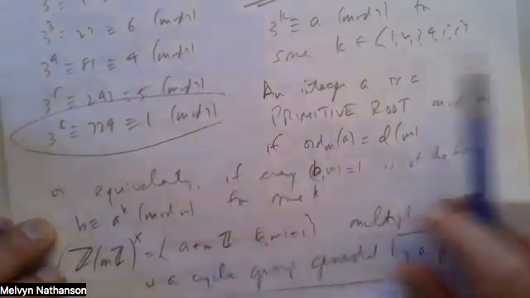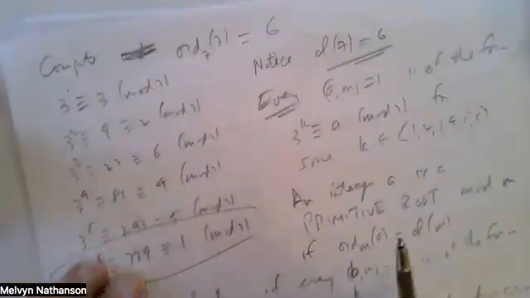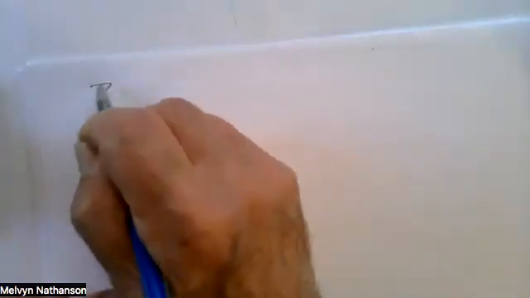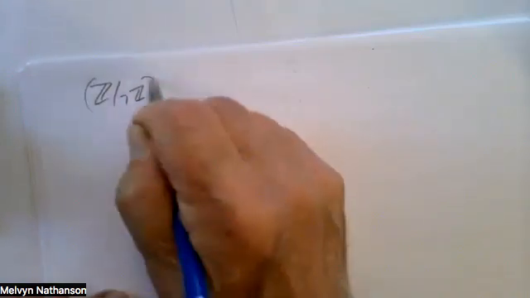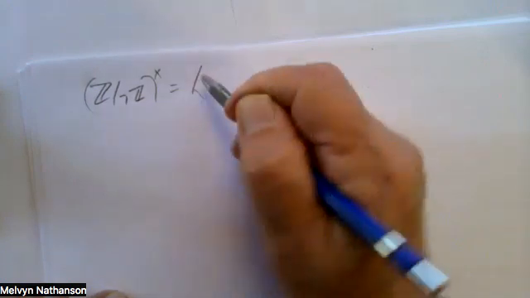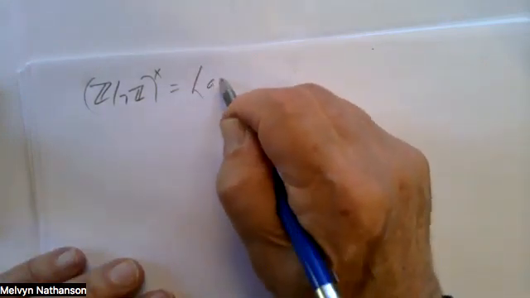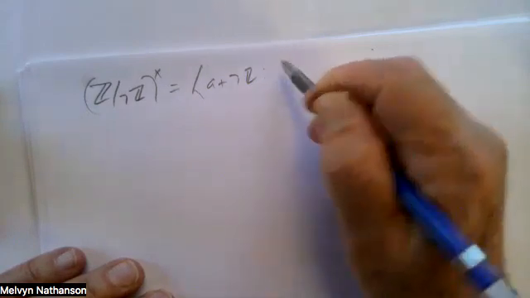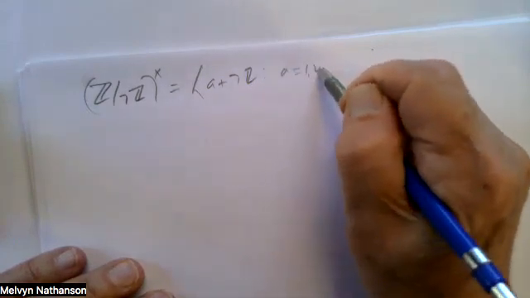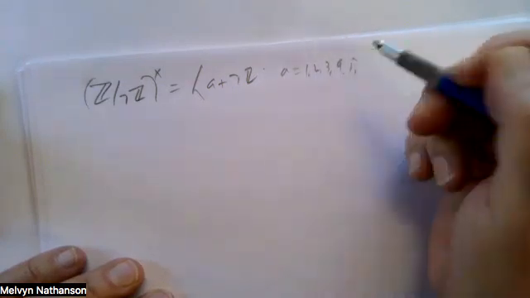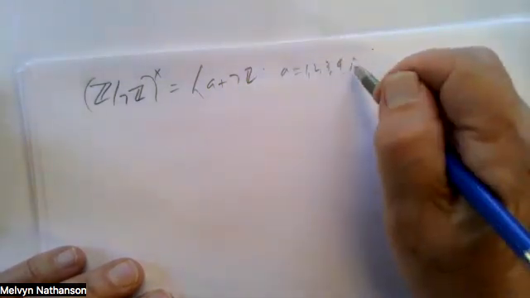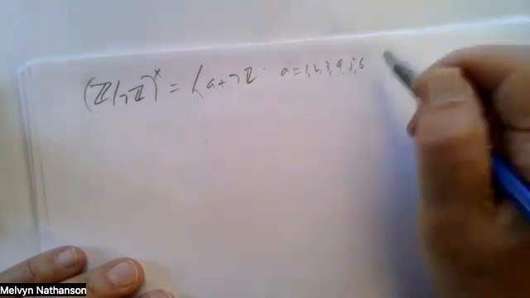So, for example, if you look at the ring of integers mod 7, the multiplicative group is all the congruence classes A plus 7Z, A equal 1, 2, 3, 4, 5, or 6.